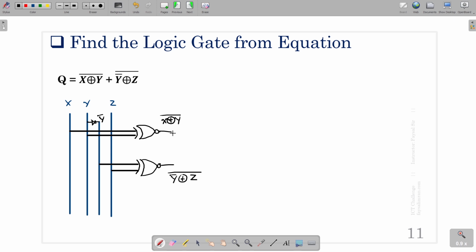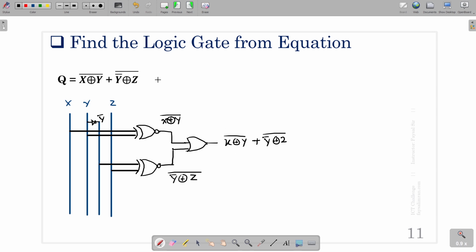Now we have to add those values, so we need an OR gate, simple. So OR gate can add those values. So here we place an OR gate, and you will get this input x XOR y whole bar plus this part y bar XOR z whole bar. That's it. Okay, so this is our final output.